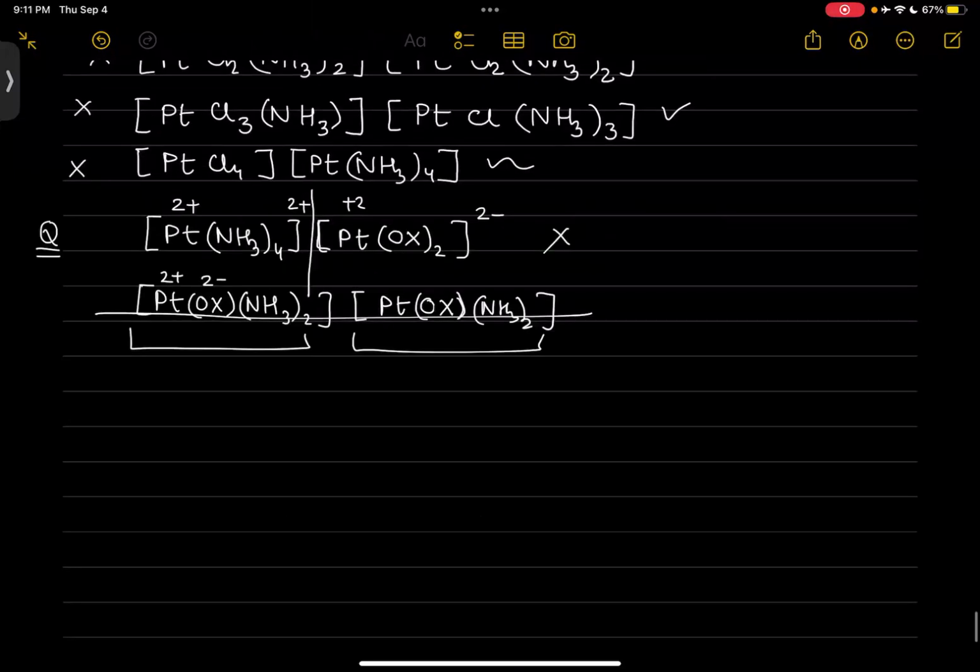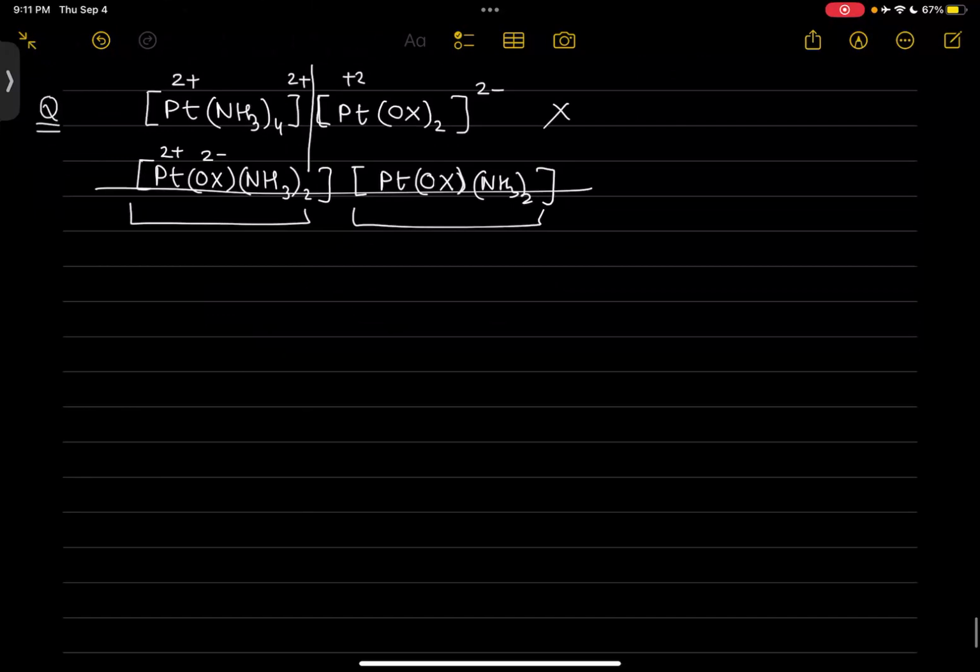If there are no doubts, we can proceed to optical isomers. Optical and geometrical isomerism, stereoisomerism in coordination compounds.